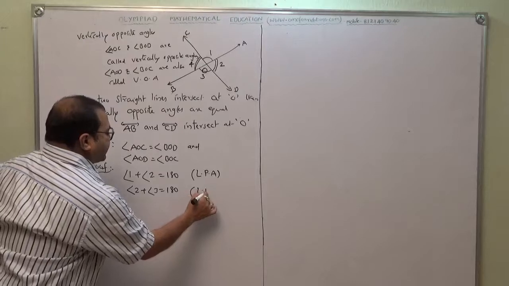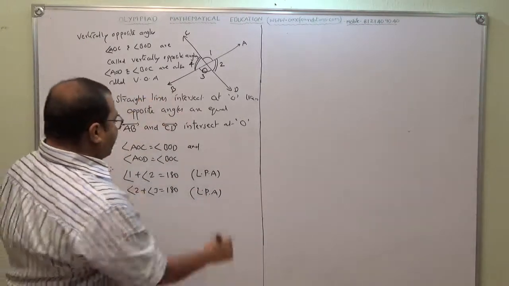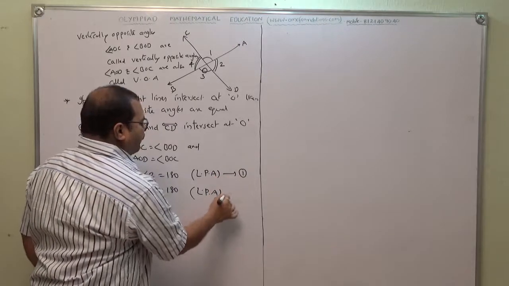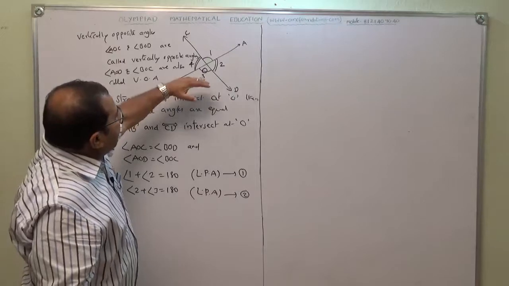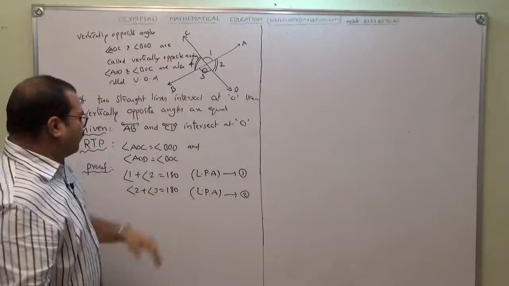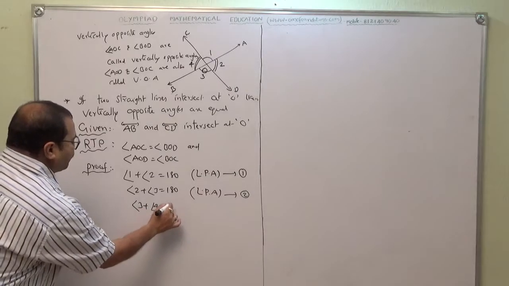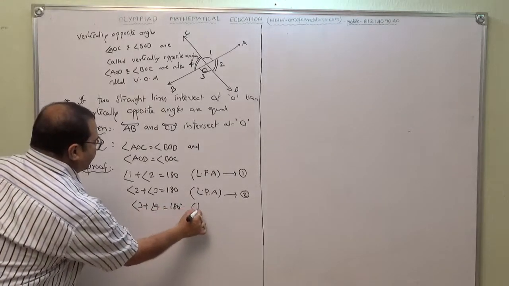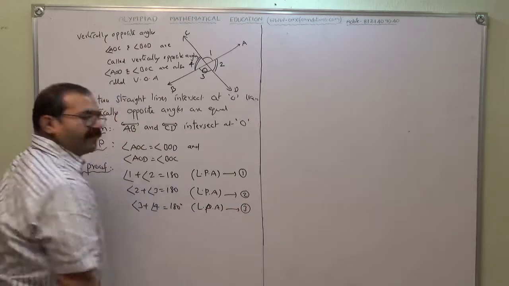I wrote this statement basing on linear pair axiom, and I name it statement 2. One more: angle 3 plus angle 4 is also 180. This statement I also wrote basing on LPA, say the third one.